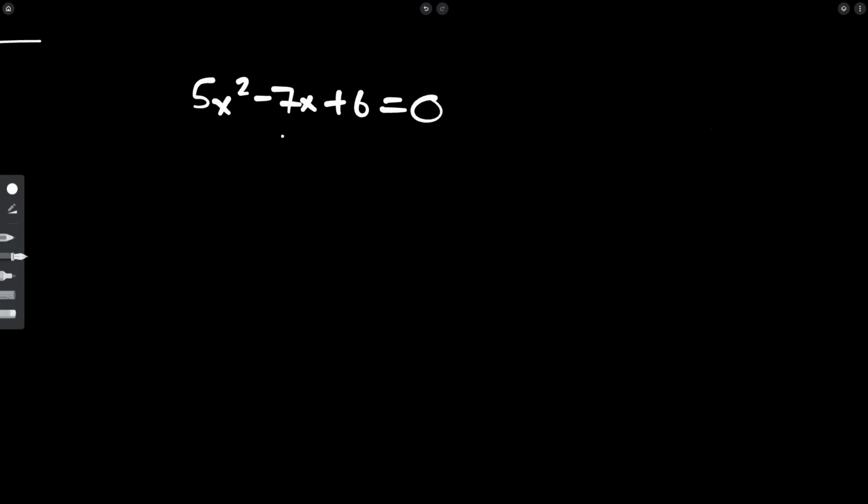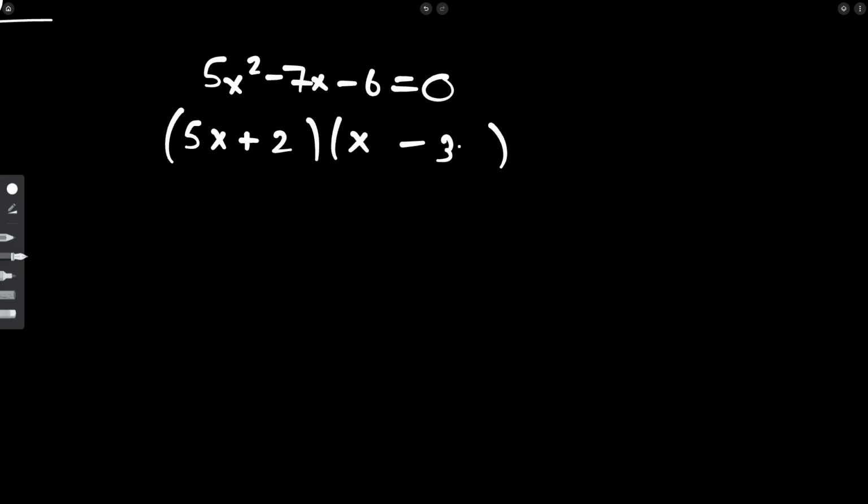Let's see, firstly, if there's a way to factor this. Here, there's a 5x and a regular x. Oh shoot, this is minus. Okay, one of these has to be plus, one of these has to be minus. Let's try 2 and 3.